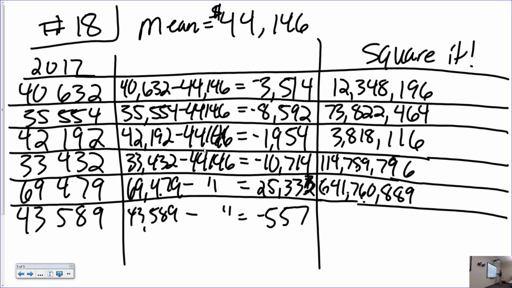And then last but not least, the little teeny weeny number, 557. Not even a million. Who cares? 310,249.